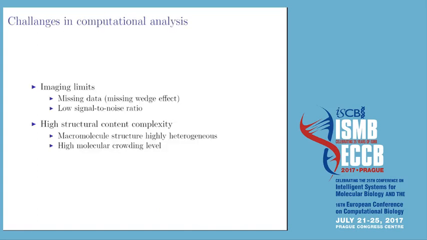First, there is a high level of imaging limits because of the missing data and the low signal-to-noise ratio. Secondly, there is a high structural content complexity because the macromolecular structures are highly heterogeneous, and they are often inside a highly crowded molecular environment.